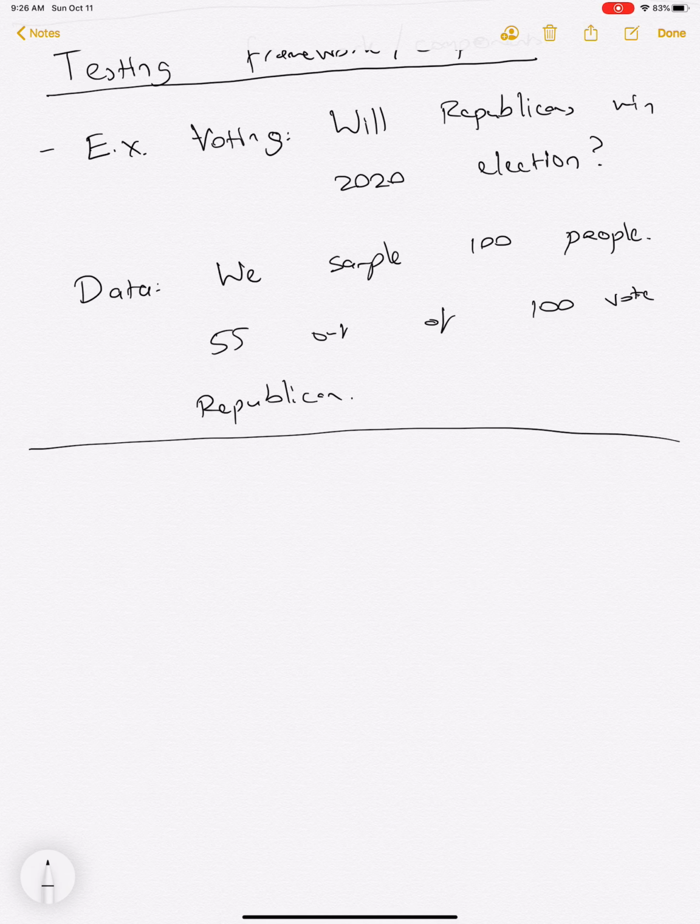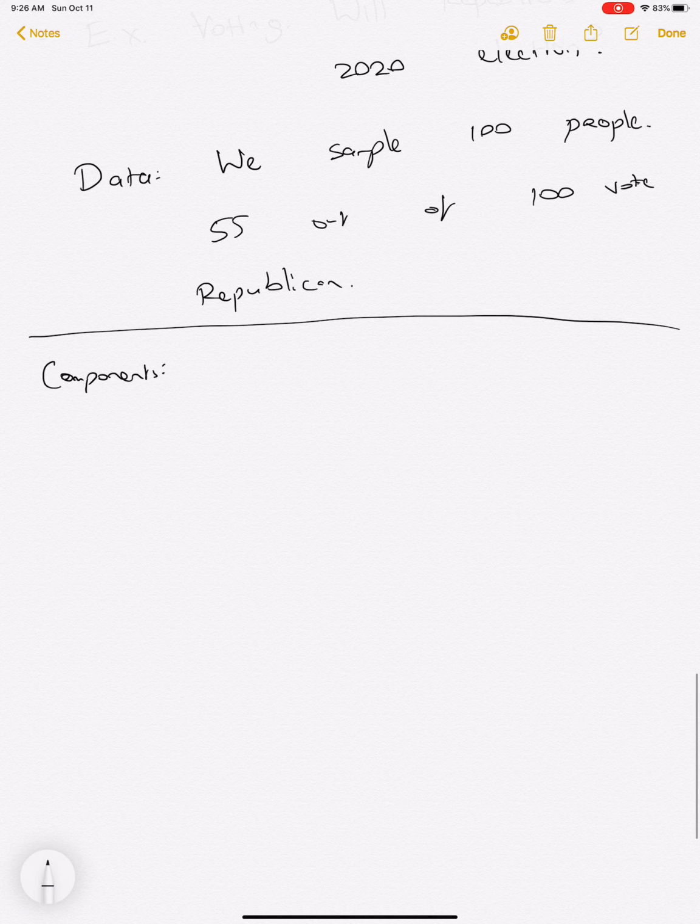Now let's look at the components of the testing framework. The first key component is what's called the null hypothesis.